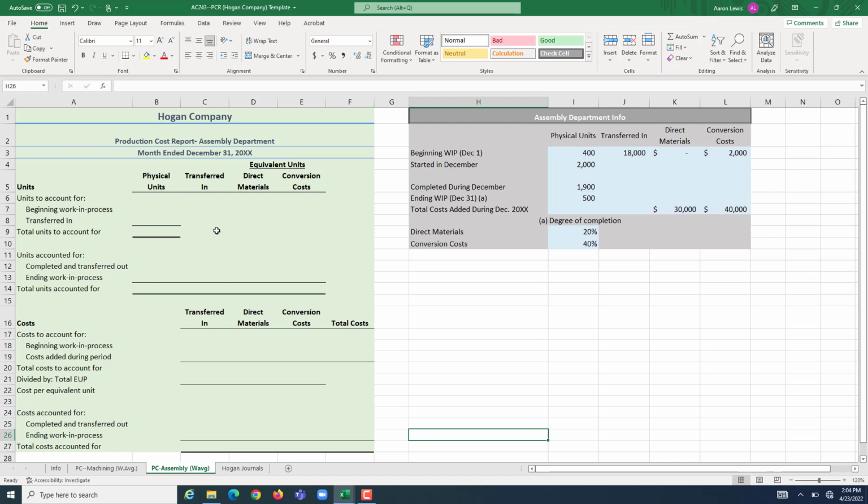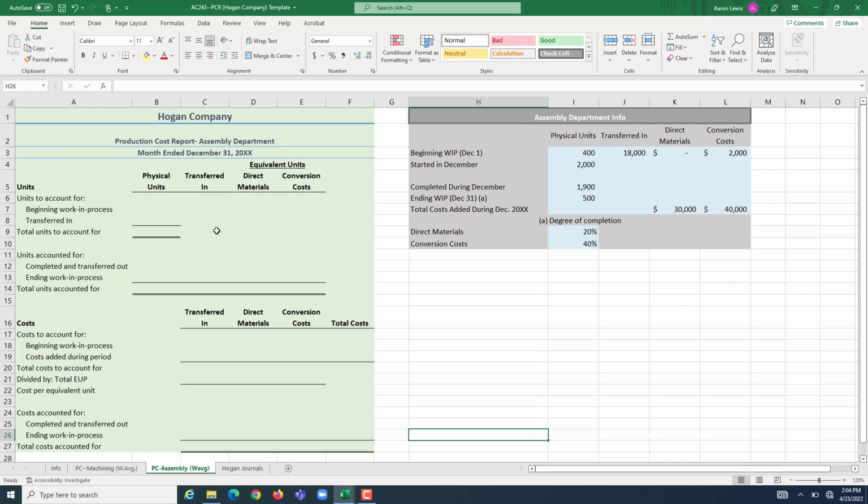It would be all of the costs incurred through all phases of production before it got there. That being said, if you can do this for 2 departments, you can do it for 15 departments. So there's no real point in having a ridiculously huge set of PCRs to flow costs through. We're only going to have 2. So for the assembly department, our transferred in is just the costs of the machining department.